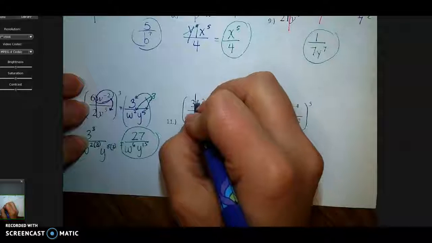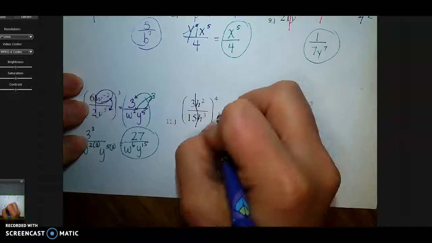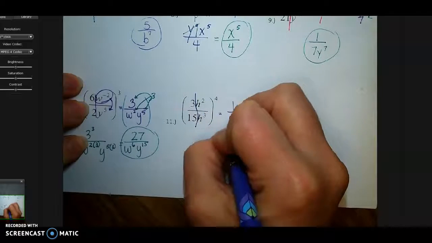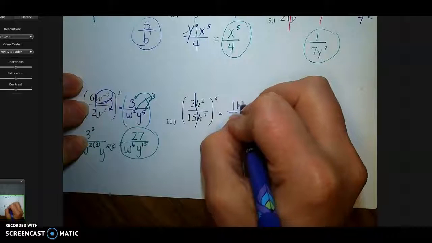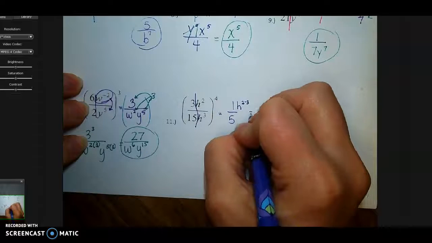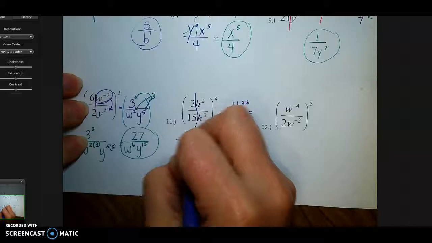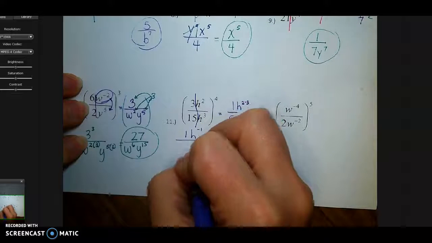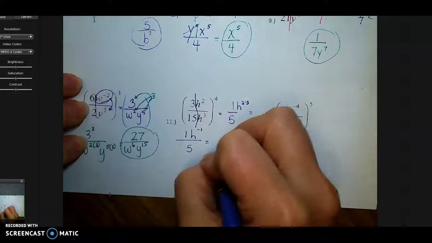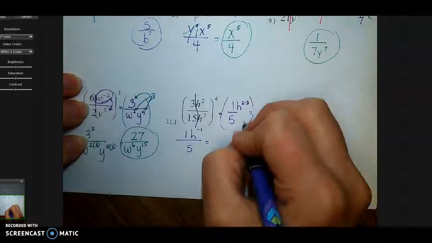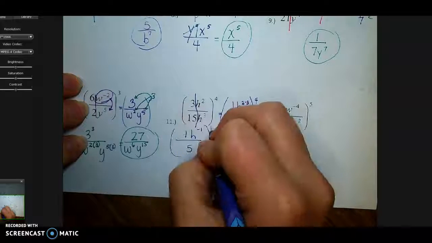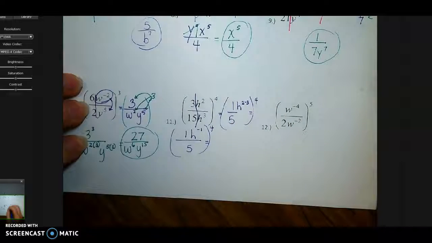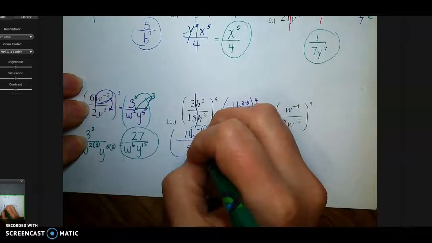Next one, I'm going to do the same thing. This time I will get 1/5, and then I'll have h to the 2 minus 3. Well, that's 1 times h to the negative 1 over 5. Remember, all of this still eventually is going to get raised to that 4th power, so don't lose that. I notice that this is negative, so I'm going to move it down here.